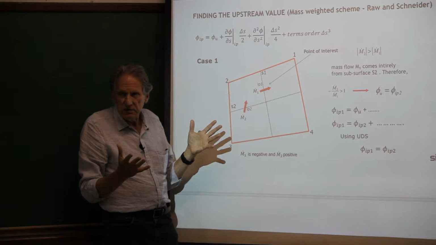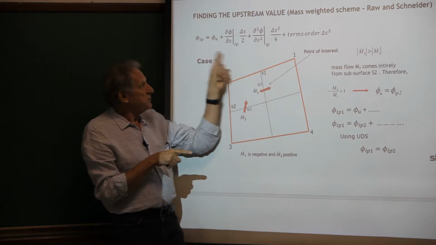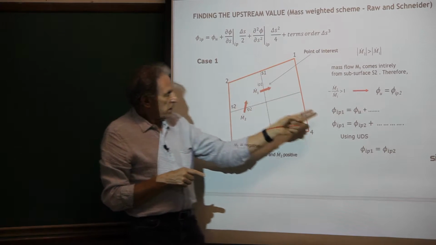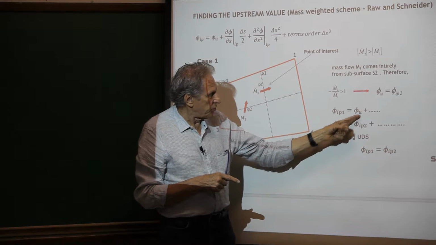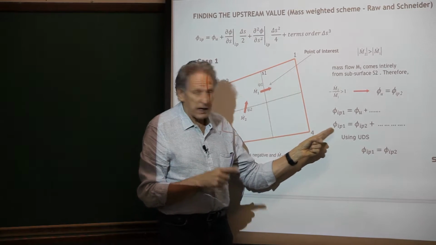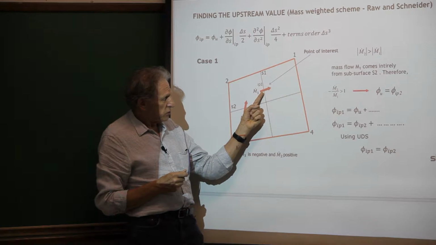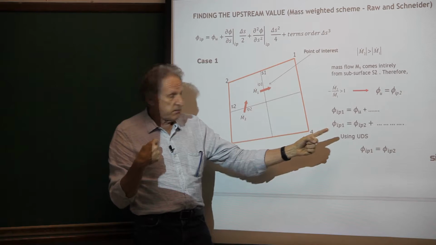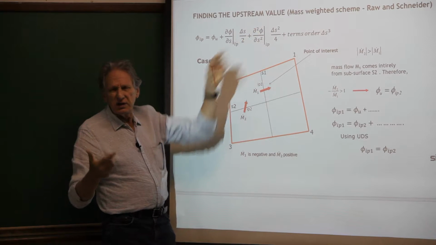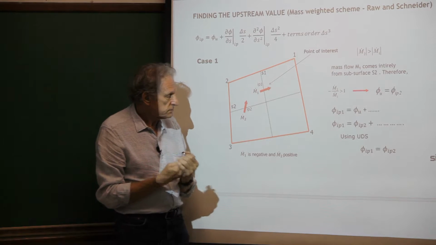But it's physically easy to see. If you now go to the general expression to calculate the value, you will see that phi upstream is phi IP2, so this your value at integration point 1 is the value upstream with the integration point 2 plus some anti-diffusive terms to avoid numerical diffusion.